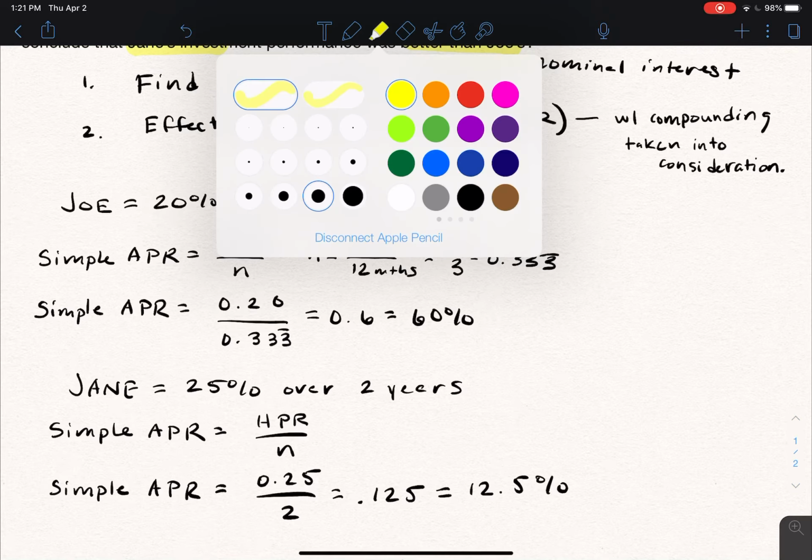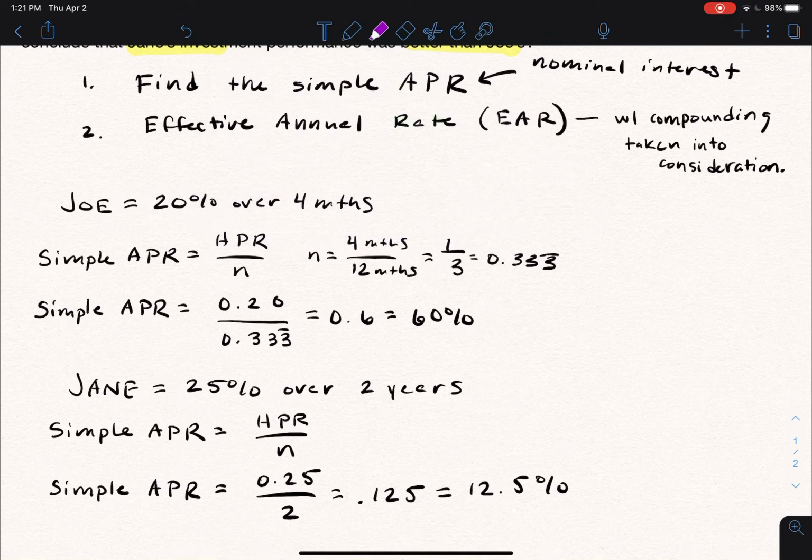Because what do we see here? We see that if we just convert both of these rates of return to a simple annual rate, what we find is that Joe actually made a 60% return on his investment in annual terms, whereas Jane only made a 12.5% return.